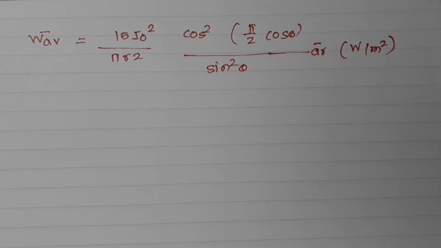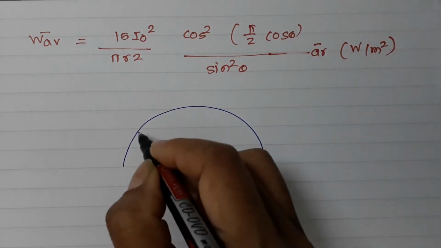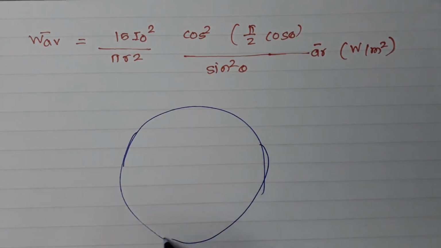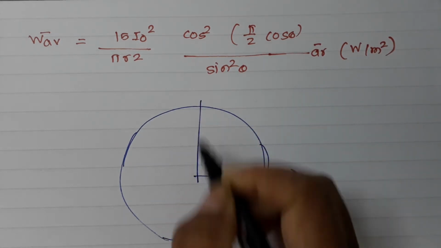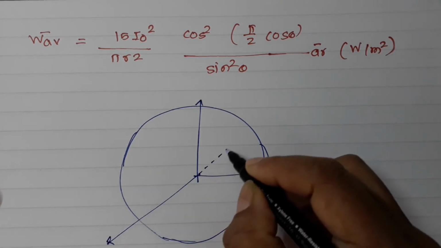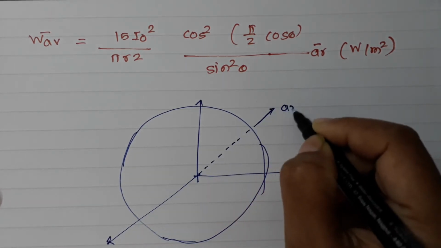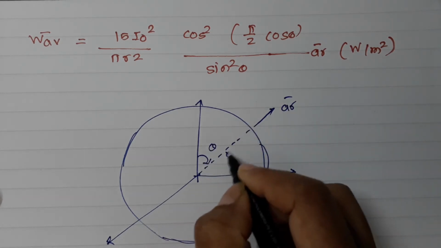So here I can denote this particular thing in this way. If I am representing this, I can say this is my AR component, this will be the theta, and this distance will be nothing but the R.